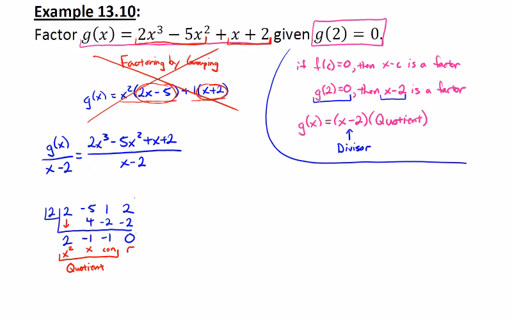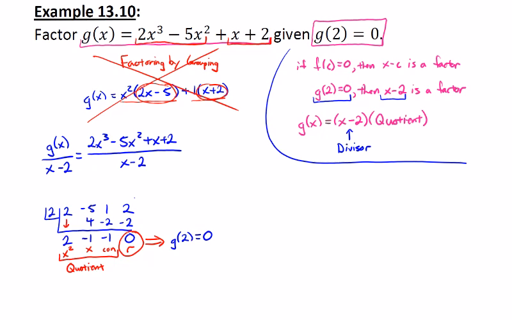And the fact that the remainder is 0 implies that g of 2 is equal to 0. But that was already given to us. So this is just a way for us to verify that what we were given is absolutely correct.